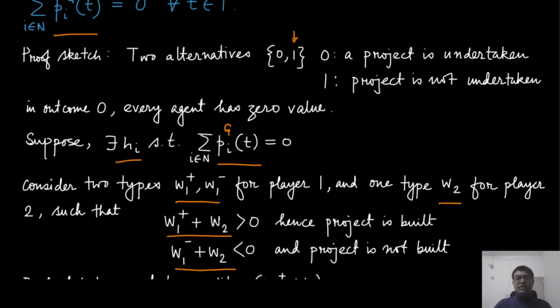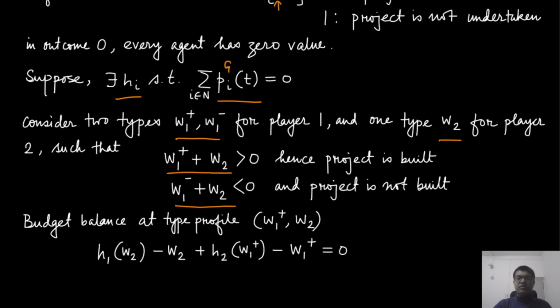If the sum of the valuation is negative, then if you just pick the outcome 0, that the project is not undertaken, that maximizes the social welfare. In that case, both these players get 0 valuation, 0 payoff, and that is better than where the sum is going to be negative.